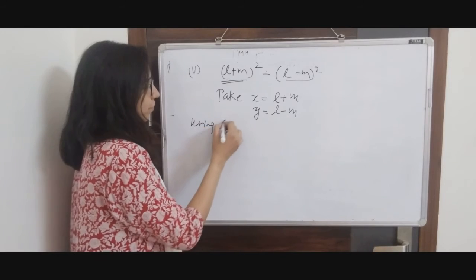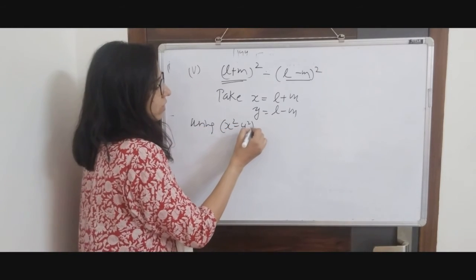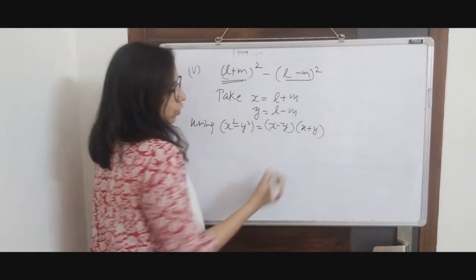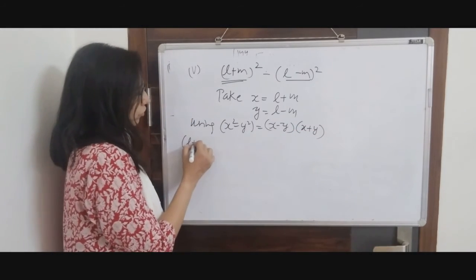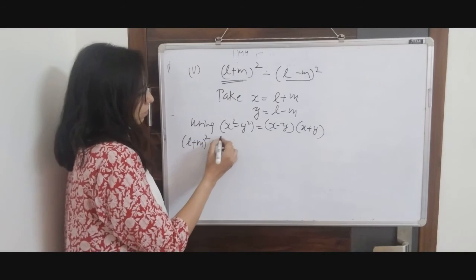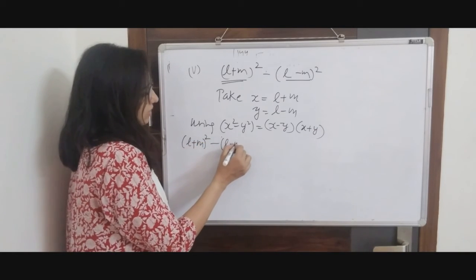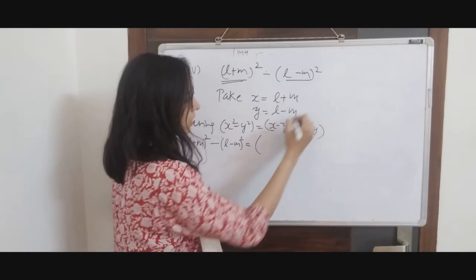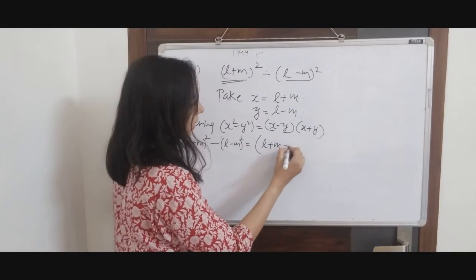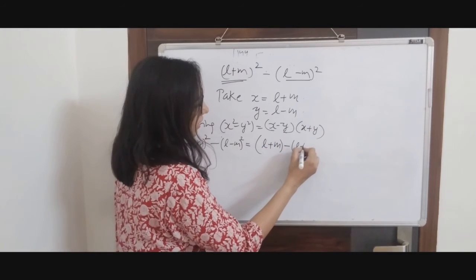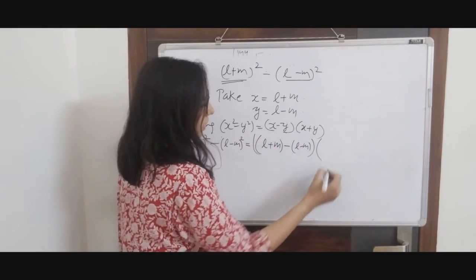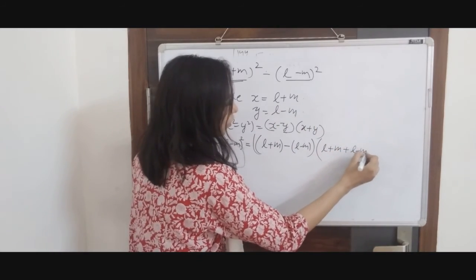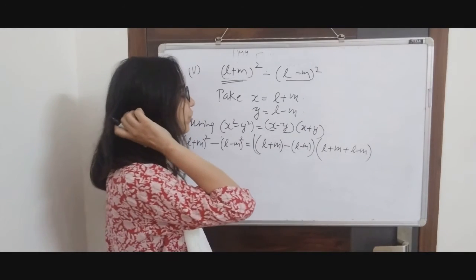Using x square minus y square is equal to (x minus y) into (x plus y), the given expression (L plus m) square minus (L minus m) square will be equal to (x minus y): bracket (L plus m) minus (L minus m) bracket close, then bracket start (x plus y): (L plus m) plus (L minus m). Because it is plus, we need not put them into brackets.